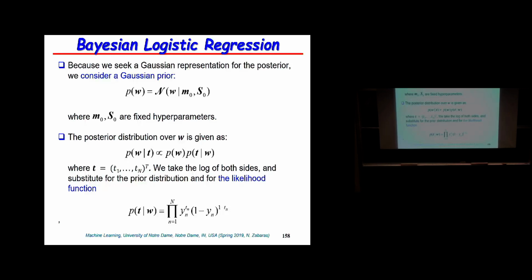All right, so for the logistic regression problem, we have two classes. We put a prior, and I remind you the likelihood looks like this. The t's, you remember, take values 0 and 1, so this is a very simple one. The posterior of W is the prior times the likelihood.